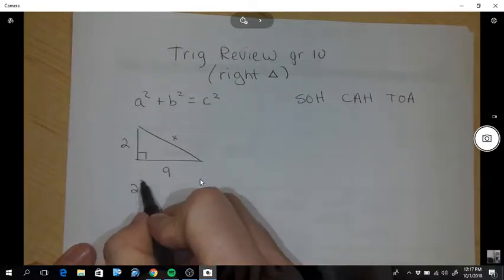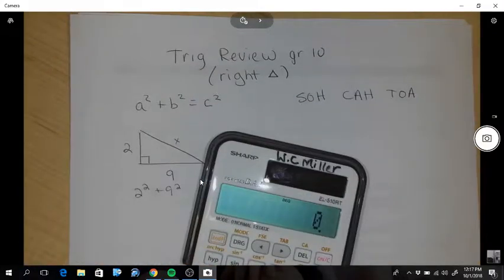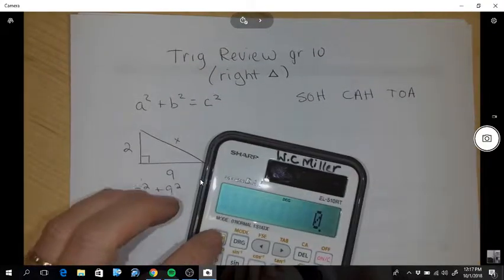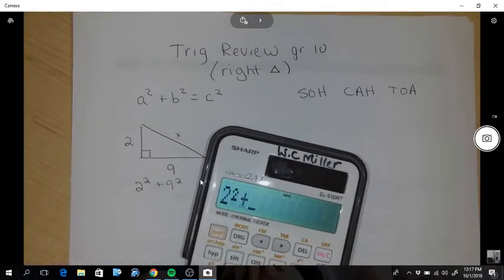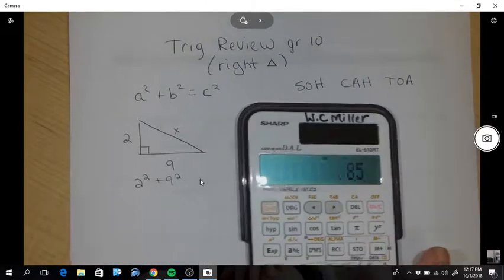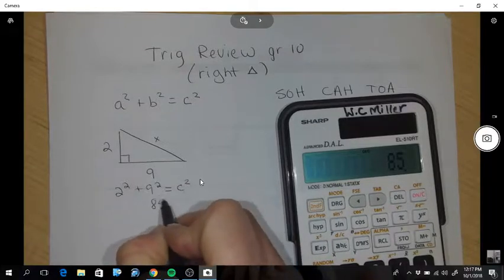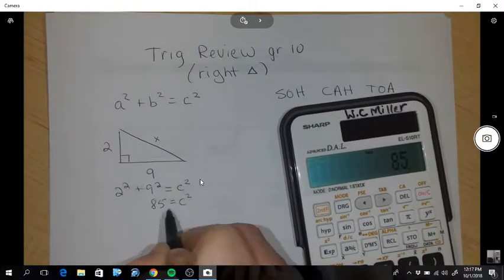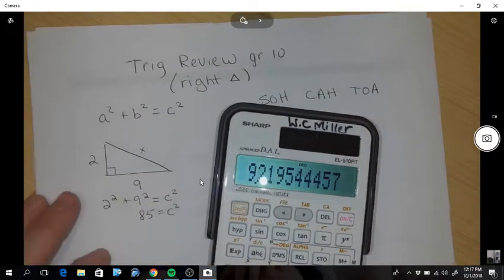So I'm going to do 2 squared plus 9 squared. In my calculator, 2 squared is 4, plus 9 squared. You're getting 85, but then we have to remember that that is C squared, so we need to square root it. So we should get 9.22.